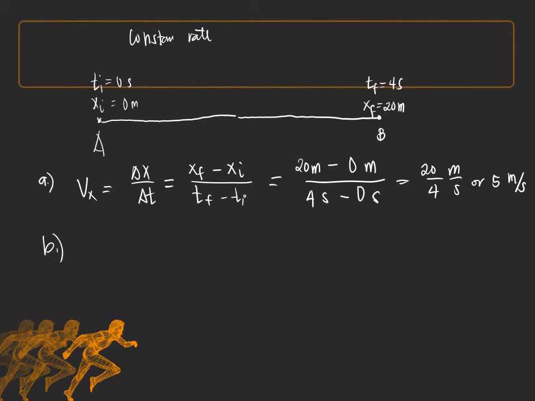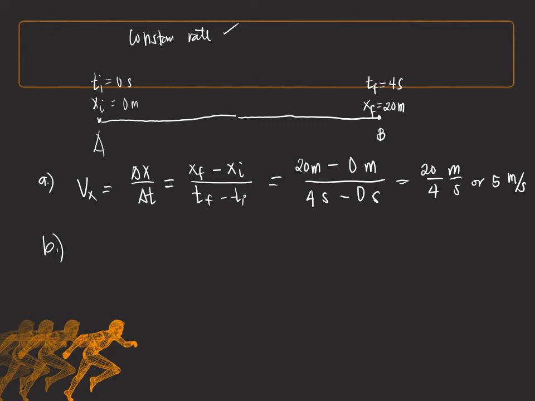None at all. Okay. For question B, sabi niya, it says that if, for example, after passing point B, still the experimental subject is still running at a constant rate, which we determine to be 5 meters per second.